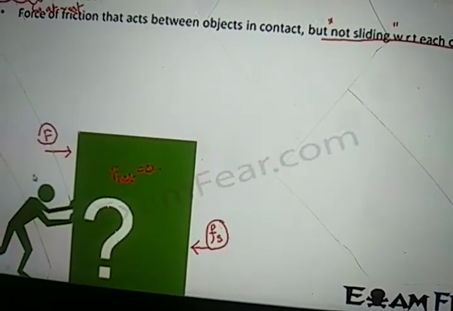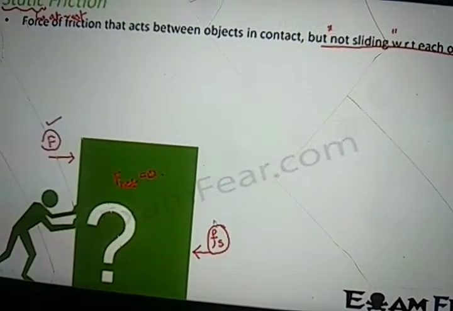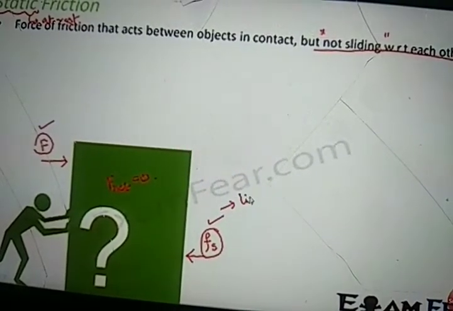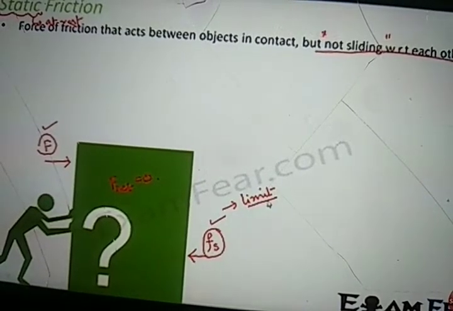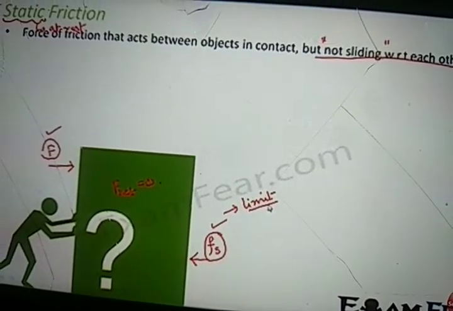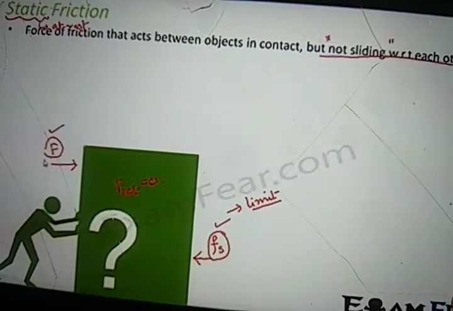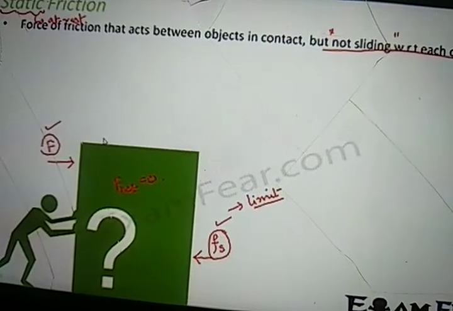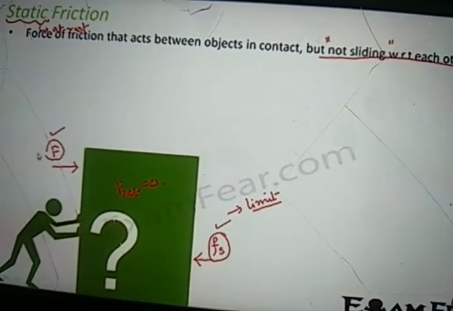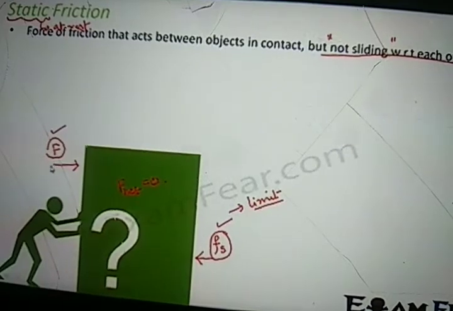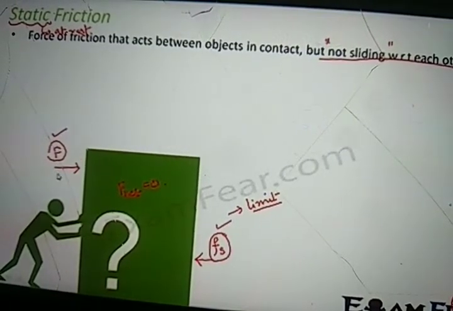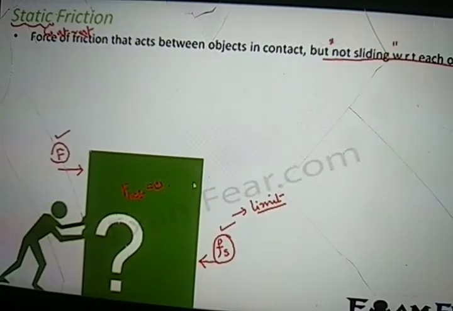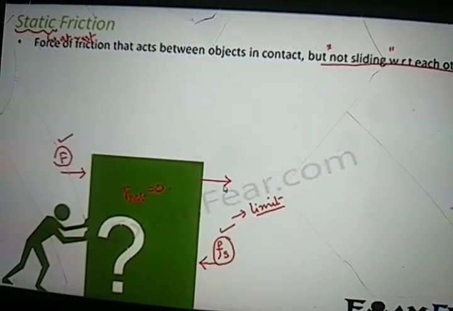So a point is reached where capital F increases, but Fs does not increase any further. So there is a limit up to which Fs can increase. So what will happen after that? Capital F will increase, and a point will come when capital F becomes greater than Fs, and now when capital F is greater, the box will start moving in this direction.